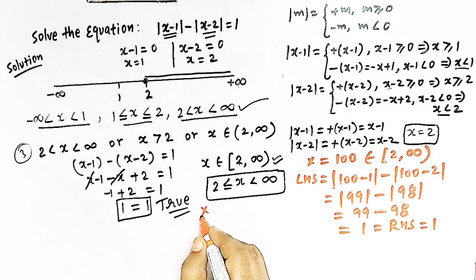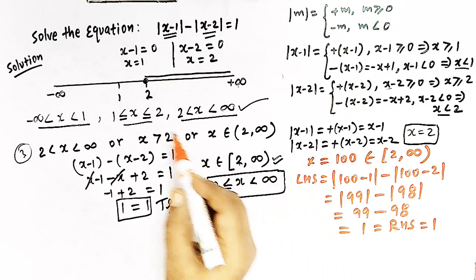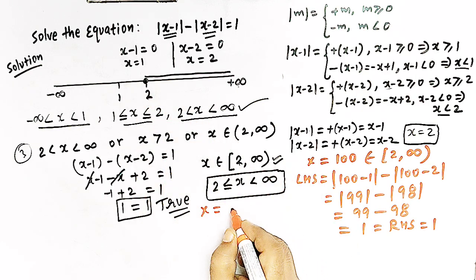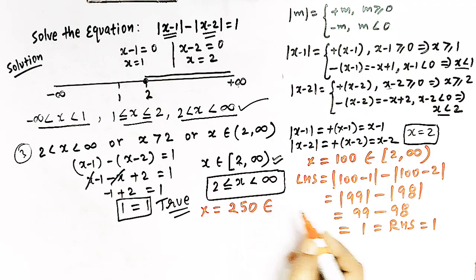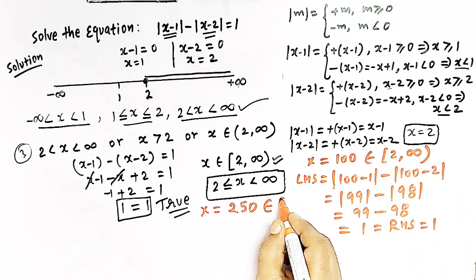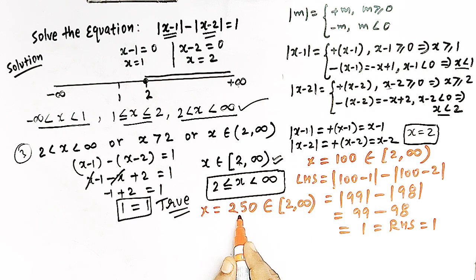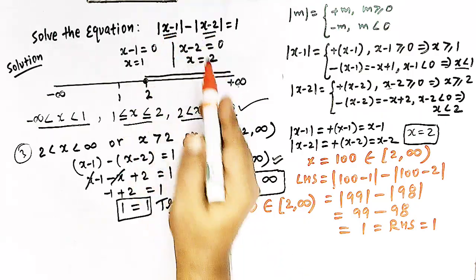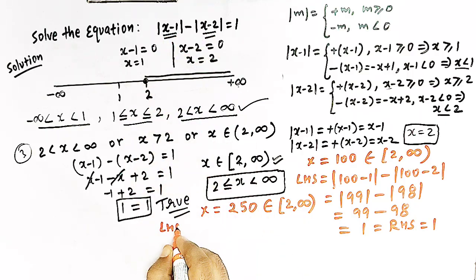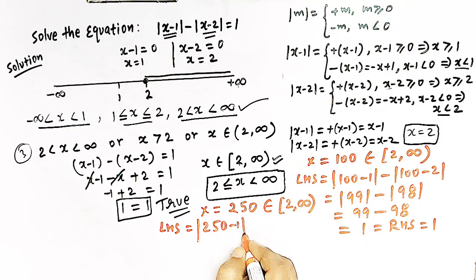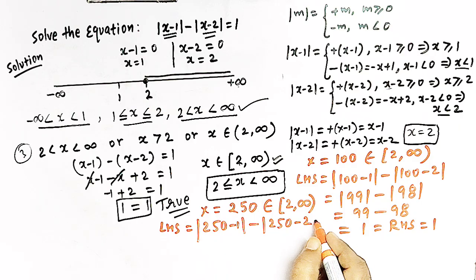So let us take one more point. So let us take x is equal to say 250, and 250 belongs to this interval that is 2 to infinity. So let us substitute x is equal to 250 in the left hand side. So we have here mod of 250 minus 1, then we have mod of 250 minus 2.